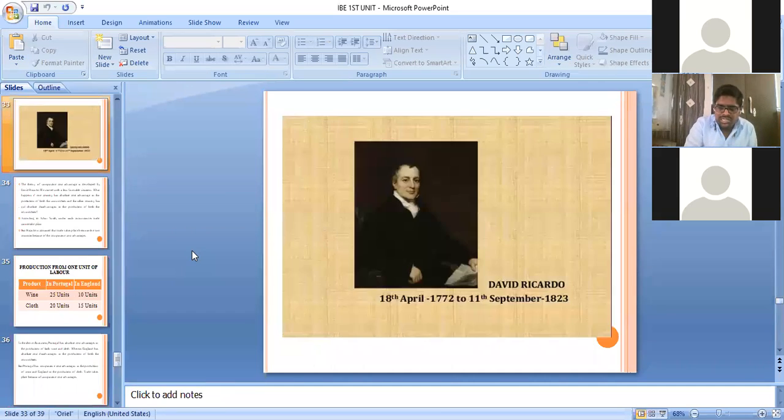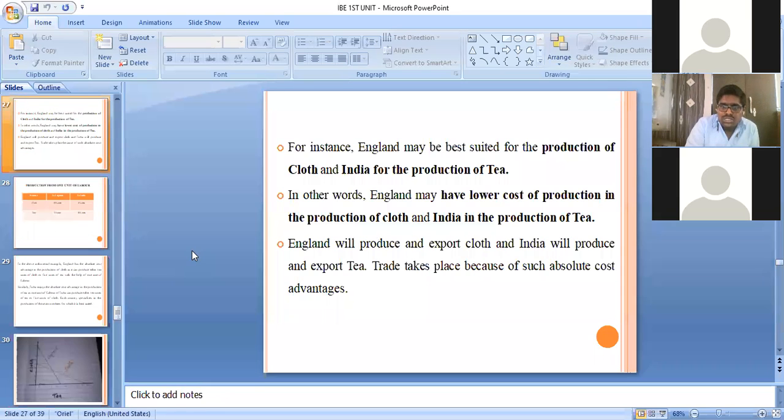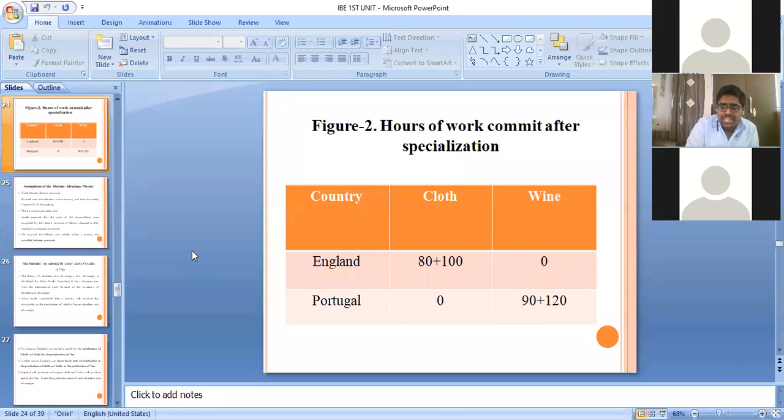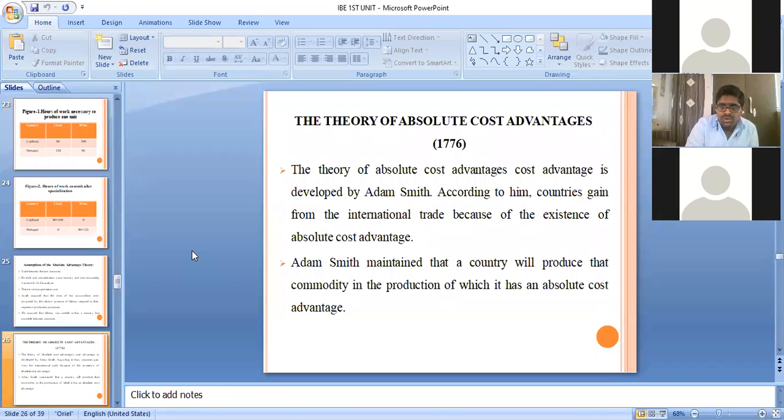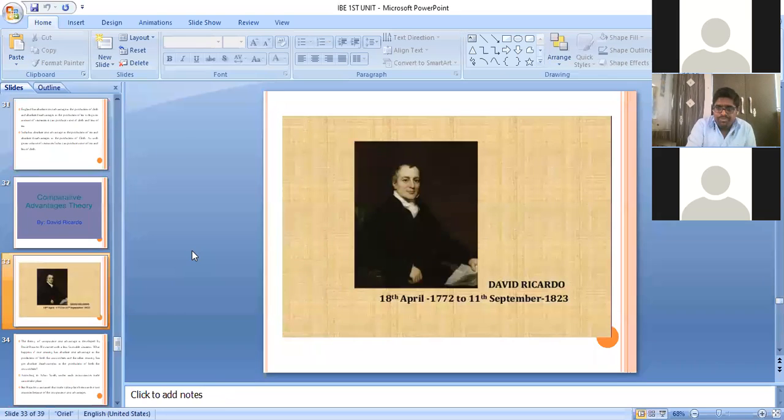With this, it was very short. With this we have completed the comparative theory and absolute cost advantages theory. I hope everyone has understood comparative and absolute. The question may ask the difference between both theories. The absolute theory was given by Adam Smith, the comparative theory was given by David Ricardo.